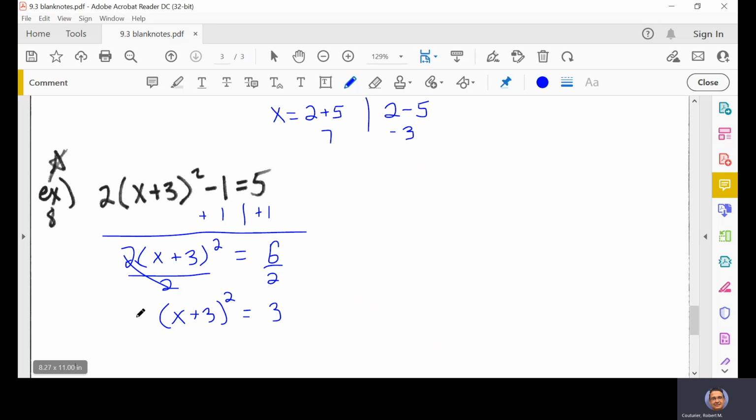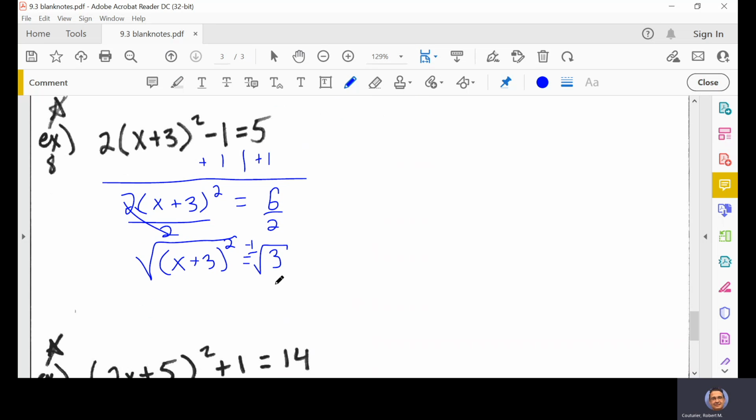Now, to get rid of the square, I have to take the square root, plus or minus the square root. What you're going to notice here is that we cannot take the square root of 3 and get a nice pretty number. You get some decimal. So just leave it like this. Equals x plus 3.